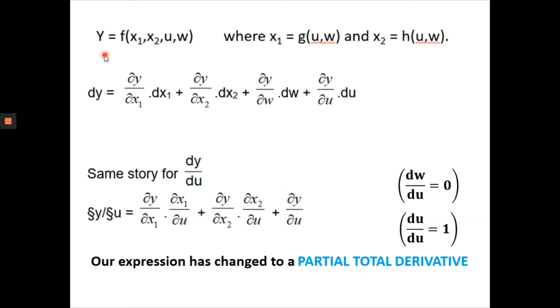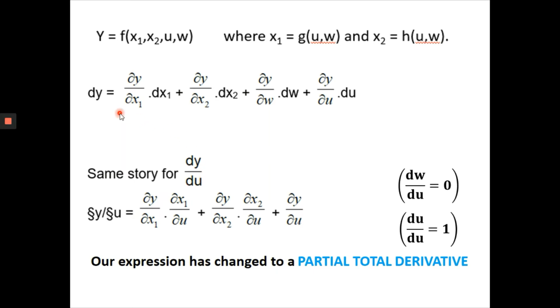The last thing we need to do is, working with the same example, we now need to allow u to vary, holding w constant. Our starting point is the same as when we allowed w to vary and held u constant. We need to find the total differential dy, and that's what we have here. And the next step is then to divide through by the relevant differential, which will now be du.